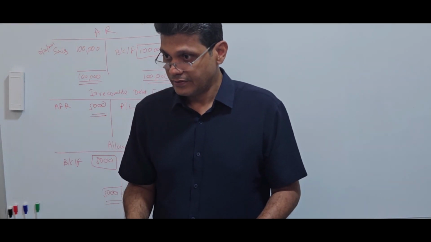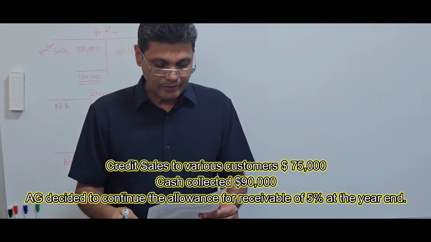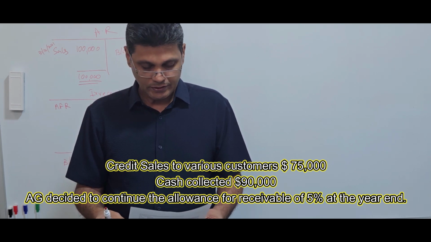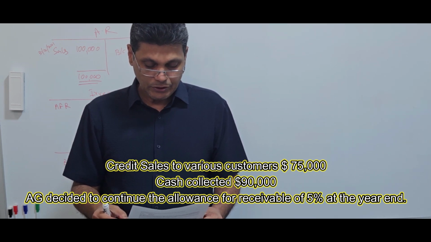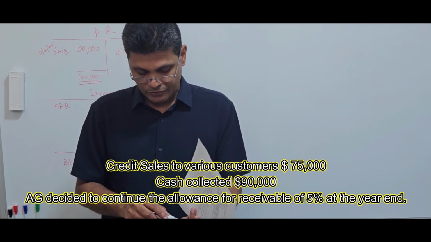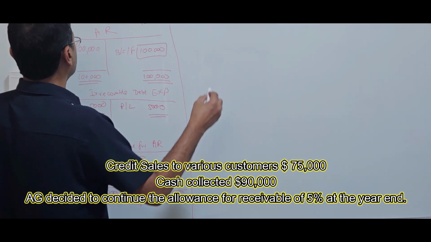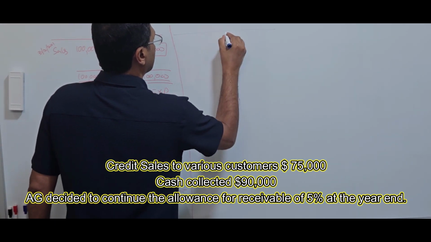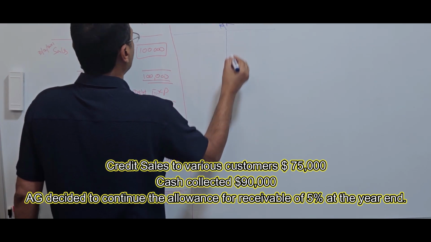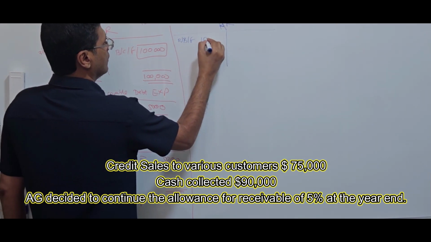Now the second year. What has happened? Credit sales to various customers, 75,000, and cash collected 90,000. AG decided to continue the allowance for receivable 5% at the year end. So now we will open up the accounts for the next year, the accounts receivable account. We have a balance brought forward of 100,000.